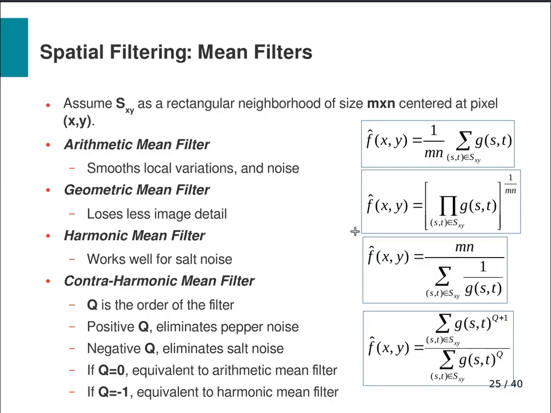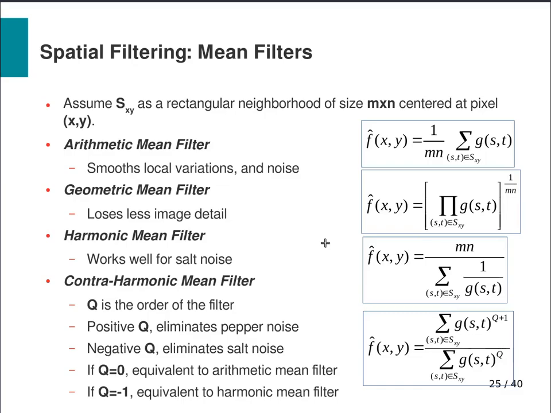The arithmetic mean filter is equivalent to the box filter that we have seen before, in which the new pixel value for location (x,y) is the average of the pixels in the degraded image in that neighborhood. This is the mathematical equation for the arithmetic mean filter. It's a very basic filter. It is able to smooth local variations, and it can also reduce the noise.